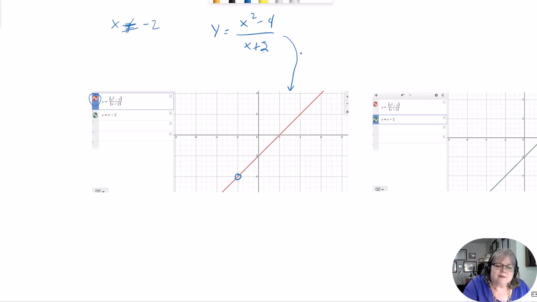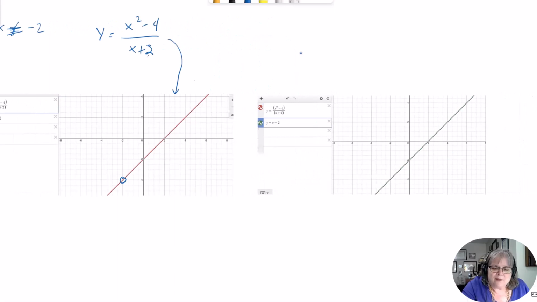Okay, so your graph, again, like I said at the beginning of this video, sometimes graphs are not an accurate representation of what's going on, because this graph just rips right through it. And if you look at this green one, this is actually the graph for y is equal to x minus 2.